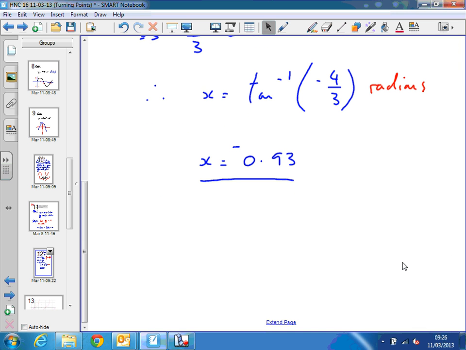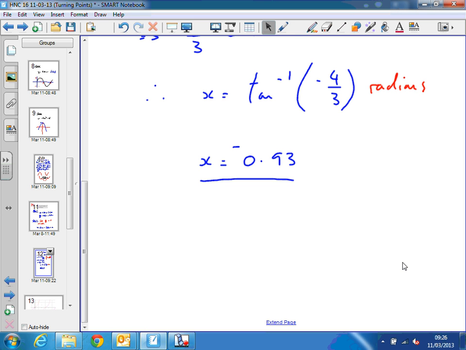So x turns out to be negative 0.93. At that point, you're going to get a maxima or minima, or one of these points of inflection. But because we're talking about sine and cosine waves, it's likely to be maximums and minimums, and generally it is.